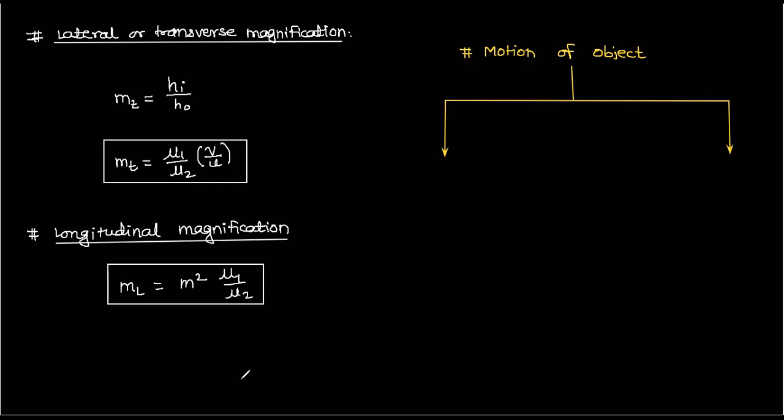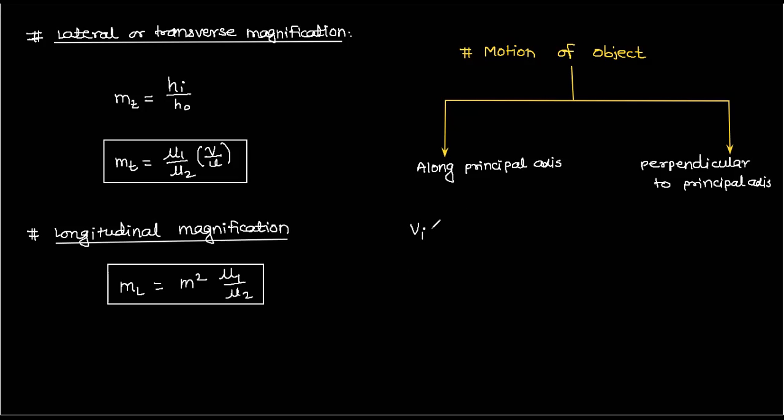So the first one, I am taking as along the principal axis, and the second one is perpendicular to the principal axis. If it is along the principal axis, then what is the relation?